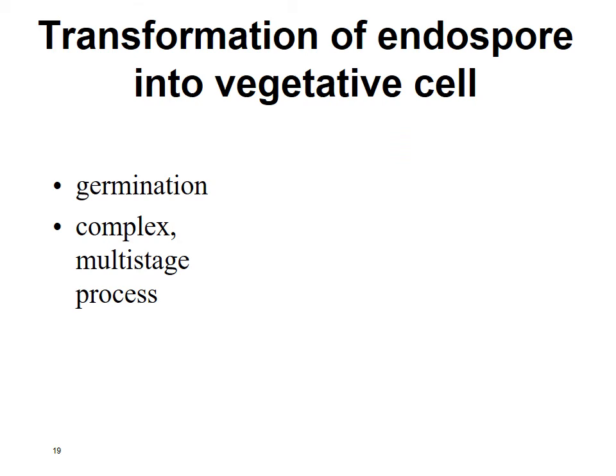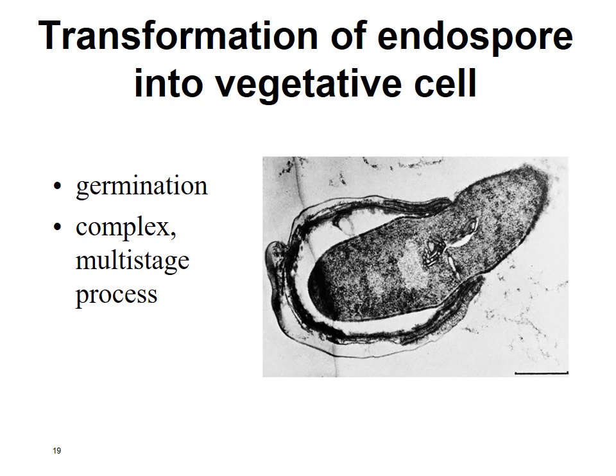The transformation of dormant spores into active vegetative bacterial cells is almost as complex a process as endospore formation. It occurs in 3 stages: 1, activation; 2, germination; and 3, outgrowth. And often a spore will not germinate successfully, even in a nutrient-rich medium, unless it has been activated.